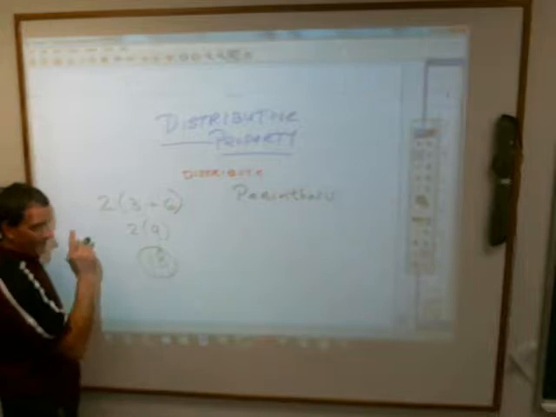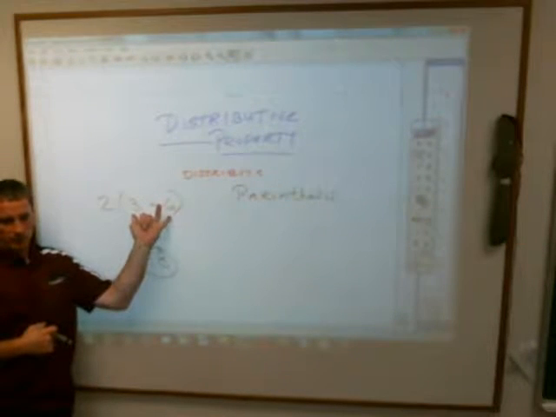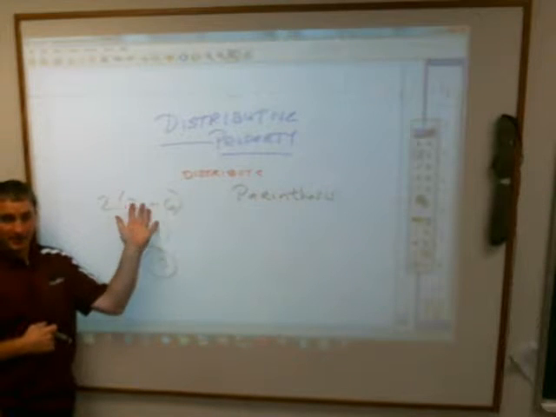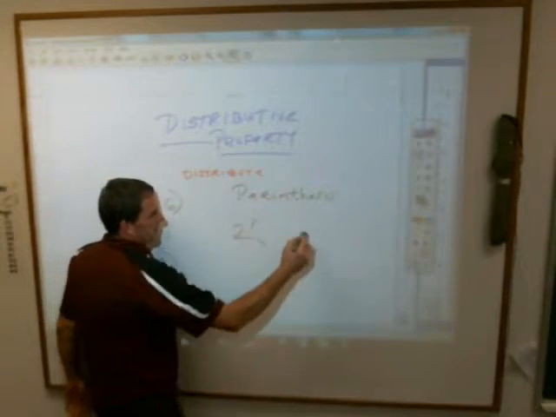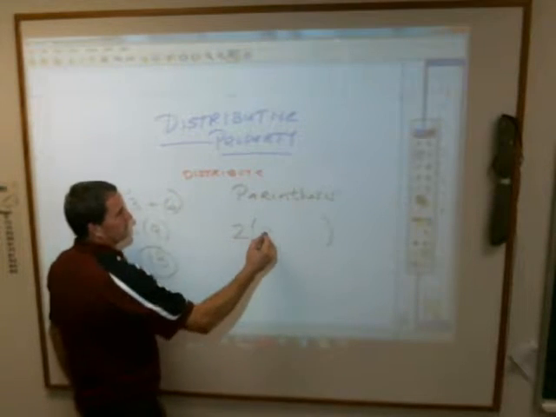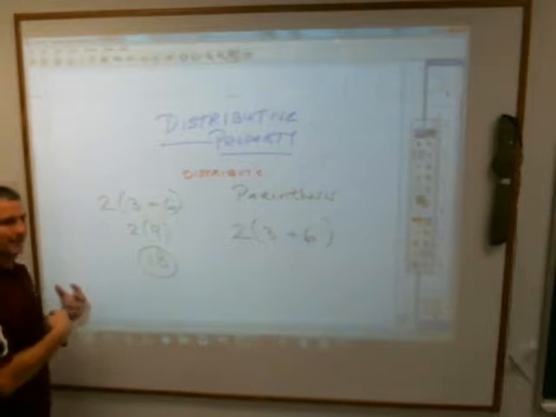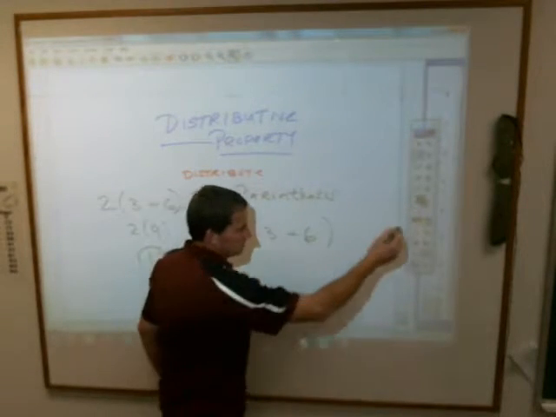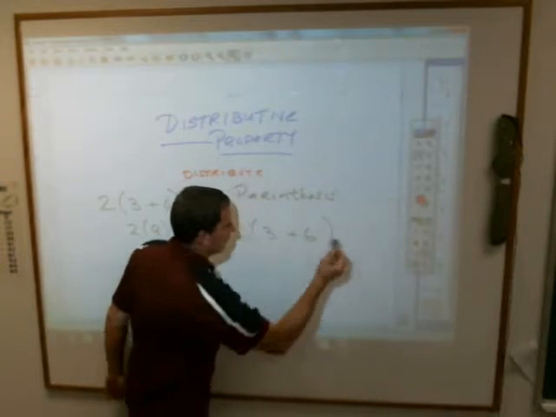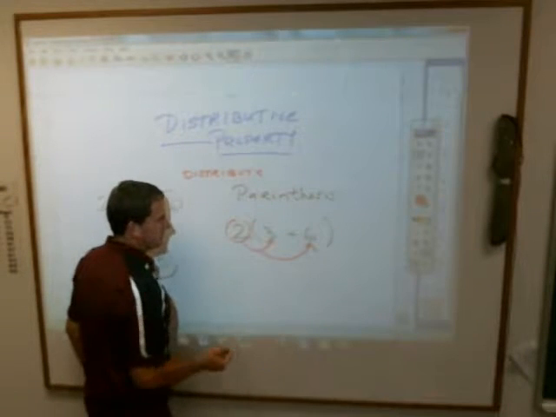Well, there are times when you won't be able to add the things in the parentheses, like there'll be a letter there and you can't combine them. When that's the case, there is also the distributive property that says if you have something outside of the parentheses, you can distribute it, or multiply it, by everything inside the parentheses.